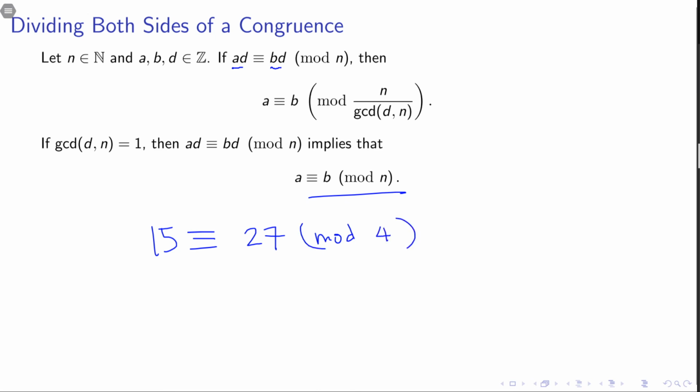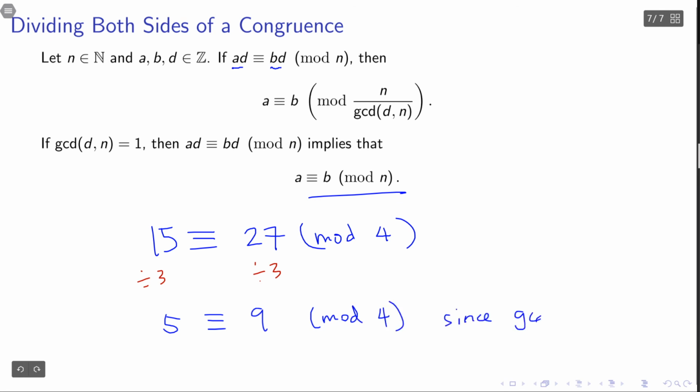That's true, because they both have remainder 3 when you divide by 4. If I divide both sides by 3, I still get a true statement, because the GCD of what I'm dividing by and the modulus is equal to 1.